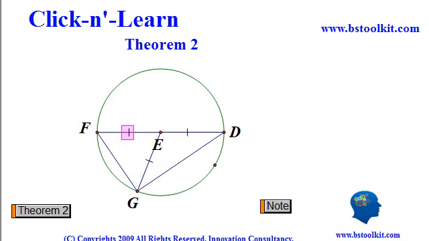Now, what can we conclude from that? We can say that triangle EDG is an isosceles triangle.